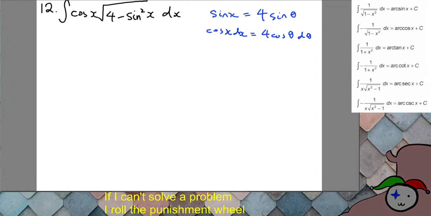So dx is, let me try this out, 4 cos theta over cos x d theta.